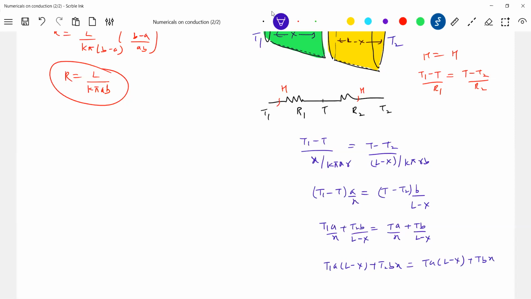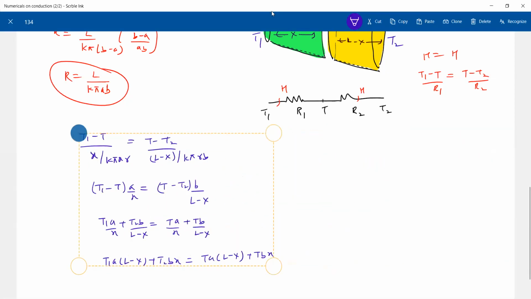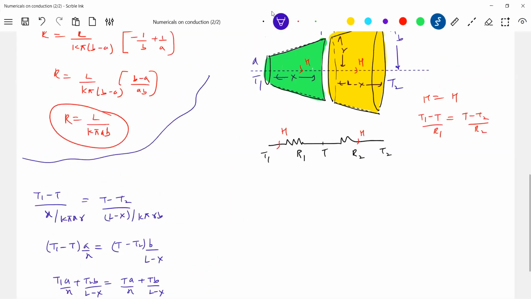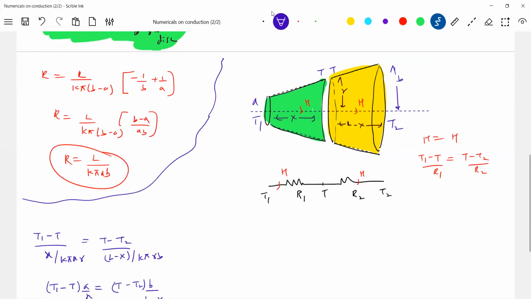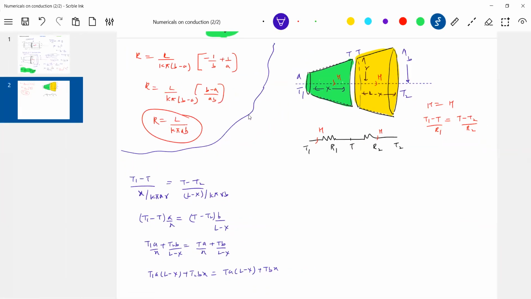I wanted the expression for temperature, no? The X into (L minus X) in the numerator will get cancelled out. Able to see completely, no?